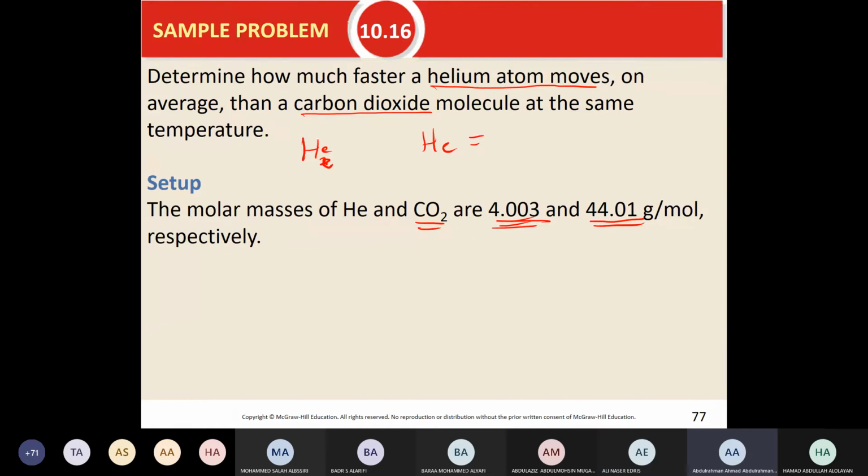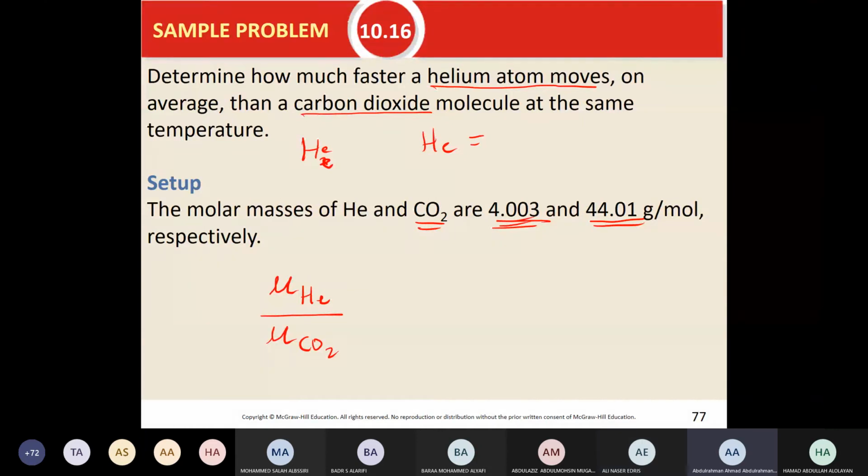Next, what will be the speed of helium over the speed of CO2? Now, before we do any work, look at what I wrote. Should the answer be greater than 1 or less than 1? Greater than 1.